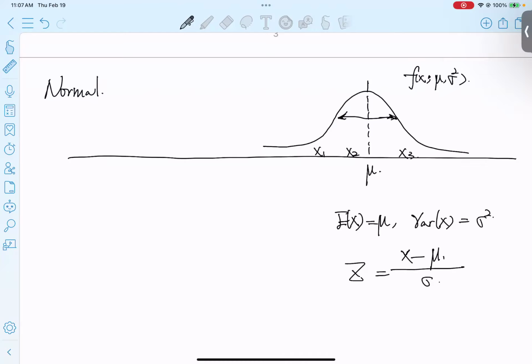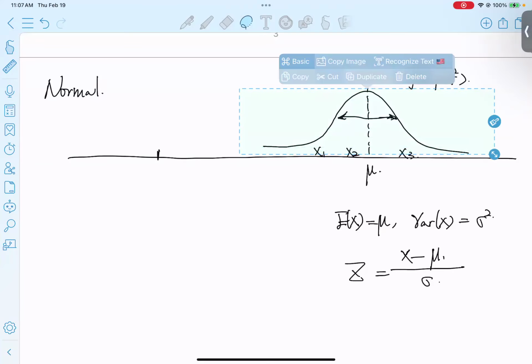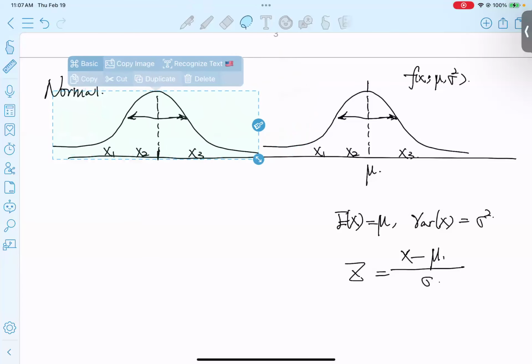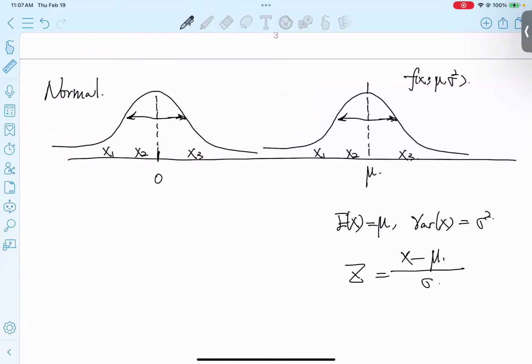When you minus the mu, you're essentially just moving everything, moving the same shape toward 0. So all of them are centered around 0, but they still have the variability that is described by this variance.